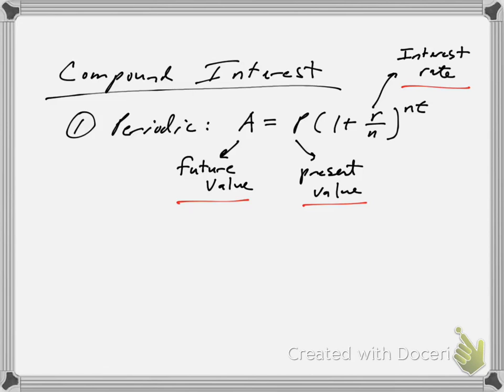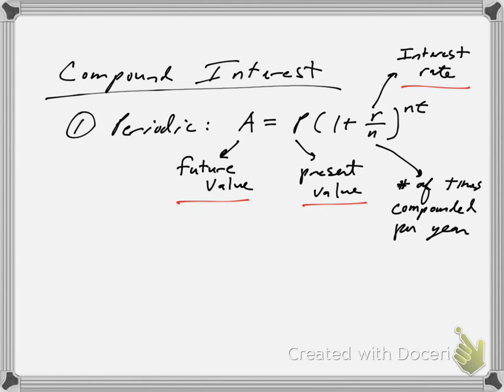Okay, and then N is the number of times compounded per year. So sometimes we compound things once a year, so it's compounded annually.